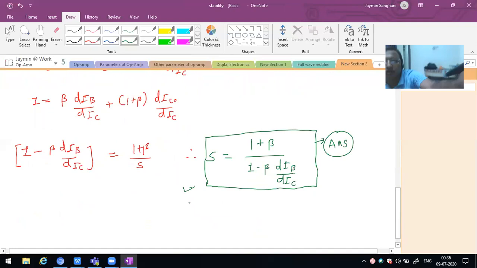Now, there are various types of biasing methods.